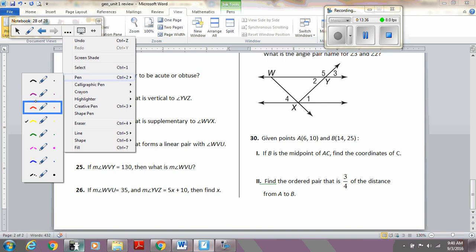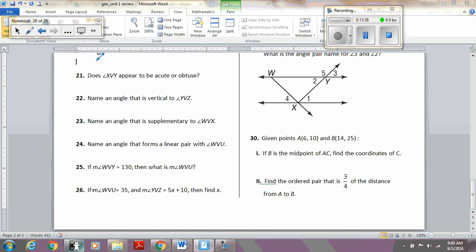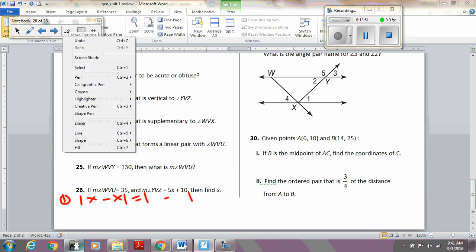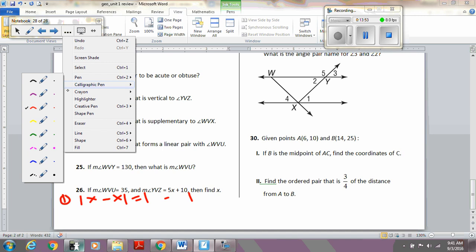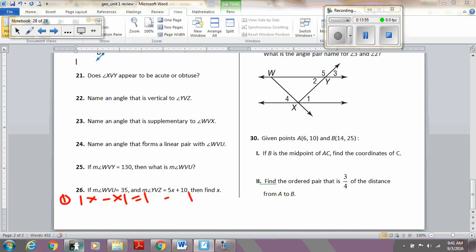So the first step, let's find x by finding the total distance between my x's. So draw your distance skeleton, the absolute value sign, and the minus. Then insert your x values. A is at 6 and B is at 14. So the distance between those x's would be 8.